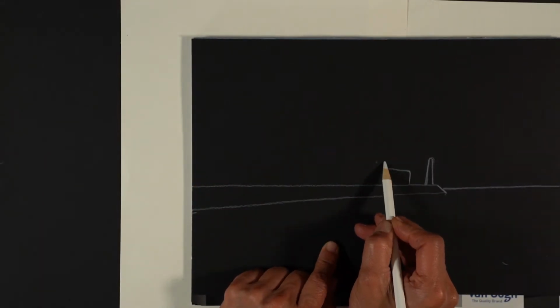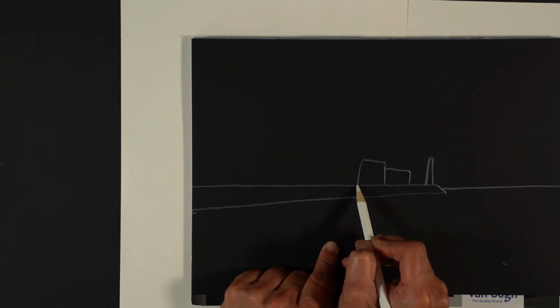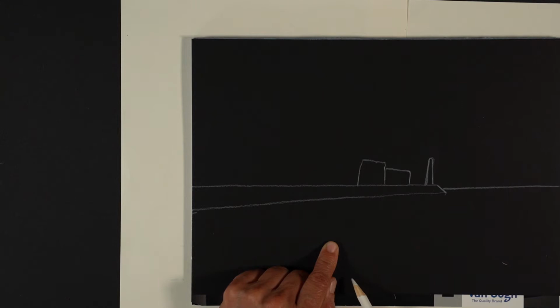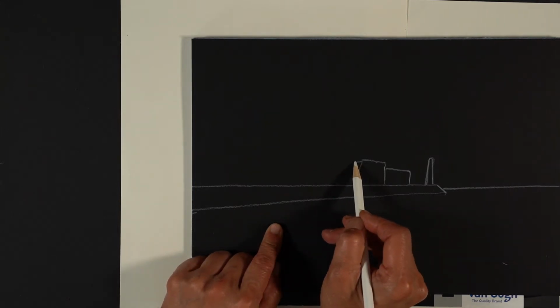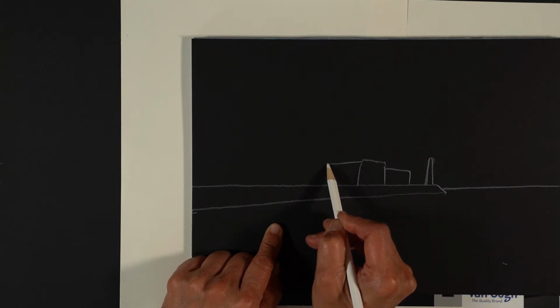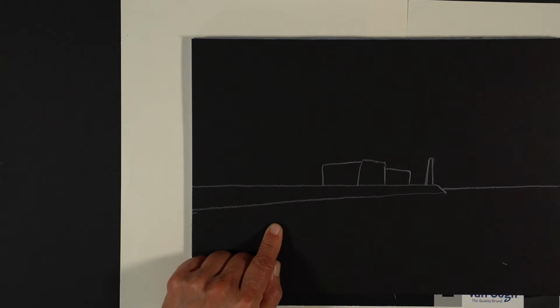So this is your second cliff and it's going out here. Second, next line here.